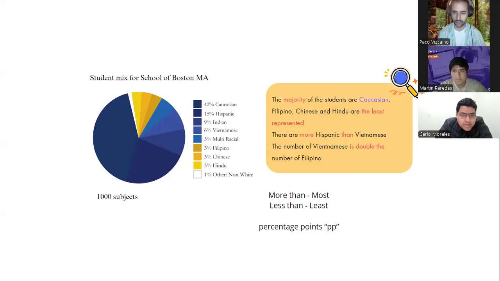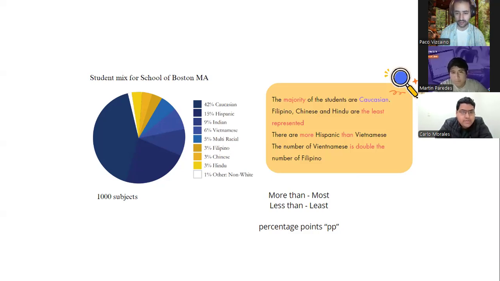Filipino, Chinese, and Hindus are the least represented. There are more Hispanic than Vietnamese. The number of Vietnamese is double the number of Filipino.